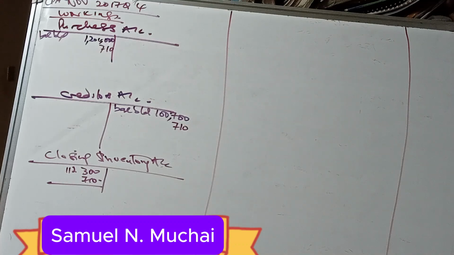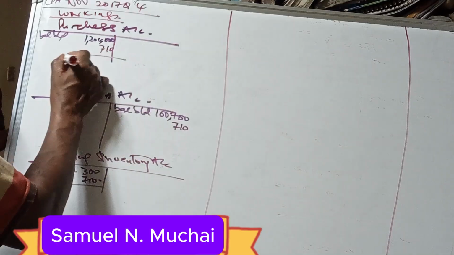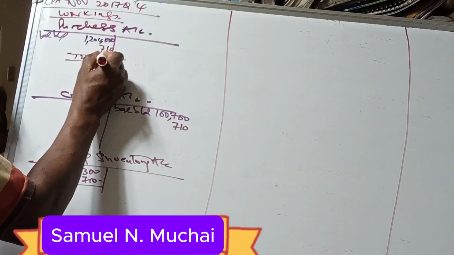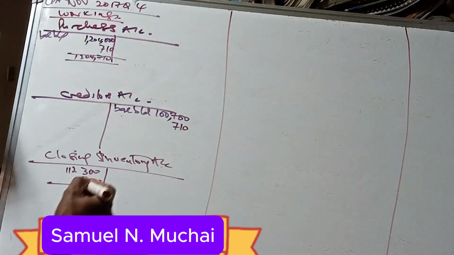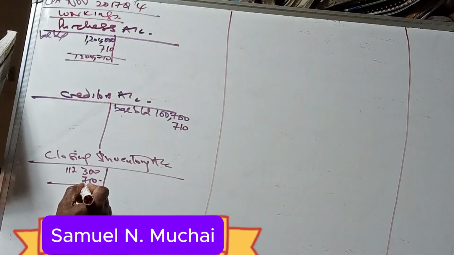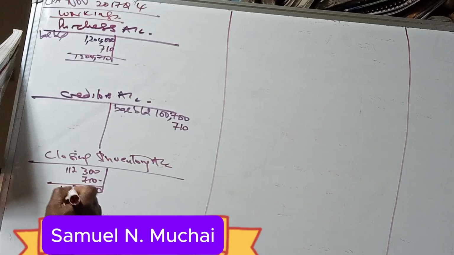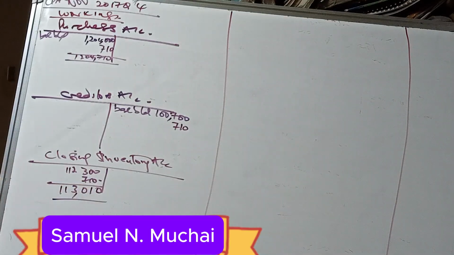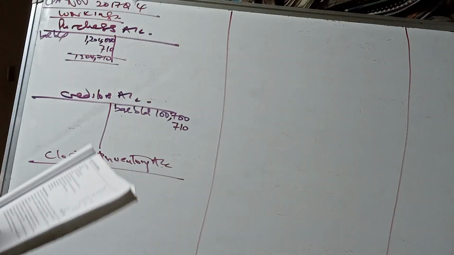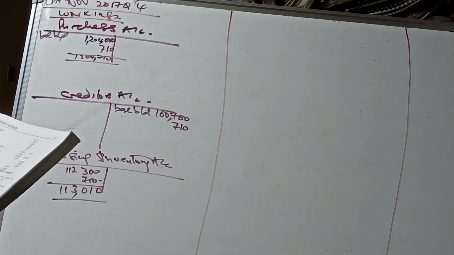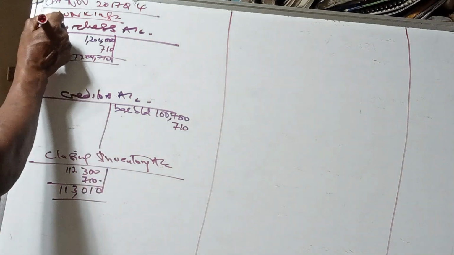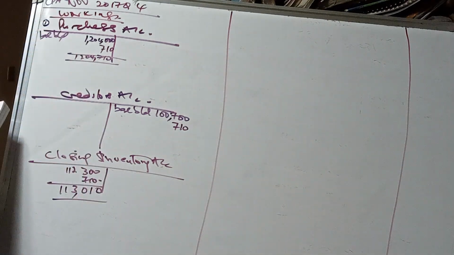So if you were to do it that way, purchases 1,204 plus 710 will be 1,914. And 113,010 as our closing inventory. That is what we did in number 1. Number 2, we have sorted out that.